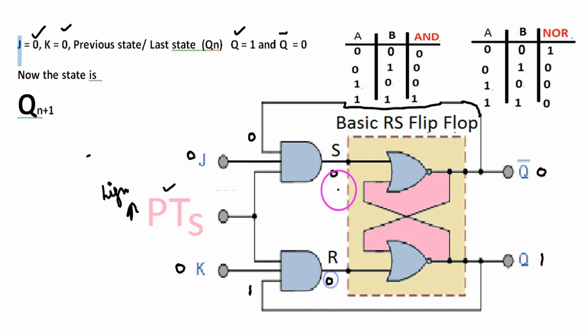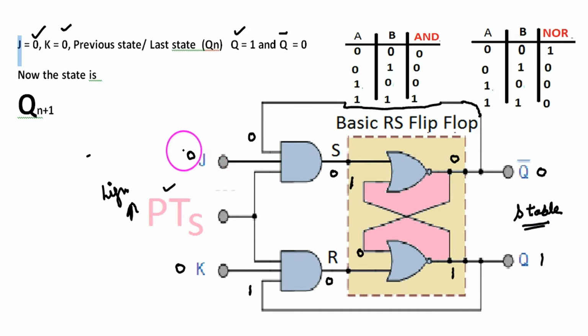This AND gate output is also 0. The whole line is at 1. This NOR gate gives 0 output. The whole line is at 0. 0, 0 is 1. So this is a stable state, 0, 1.